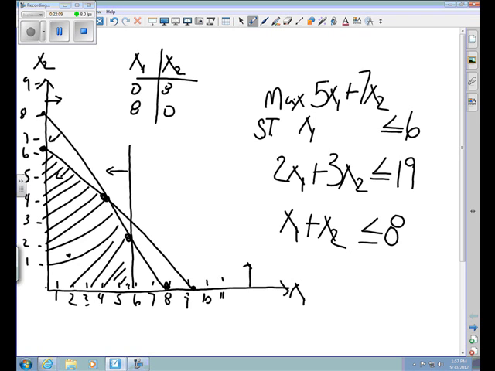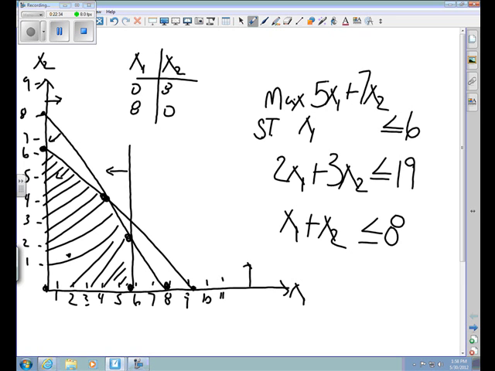Okay? Your optimal solution will always be in one of these corner points. And you can go through and you can do a brute force method of solving the coordinates of each of these corner points and plugging them into your objective function and figuring out which one yields the highest value.